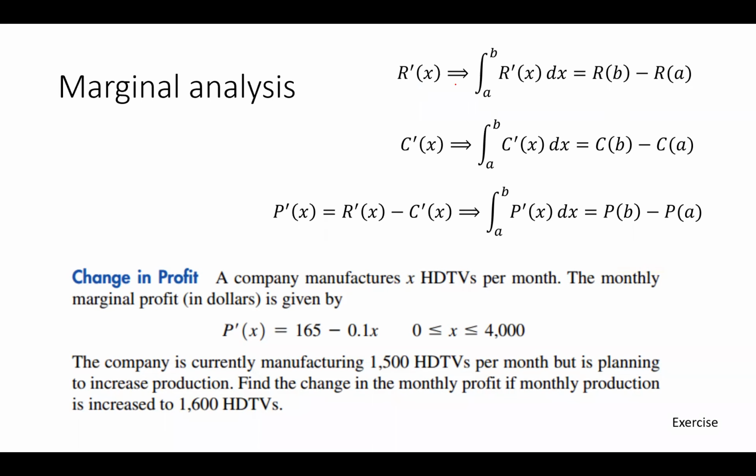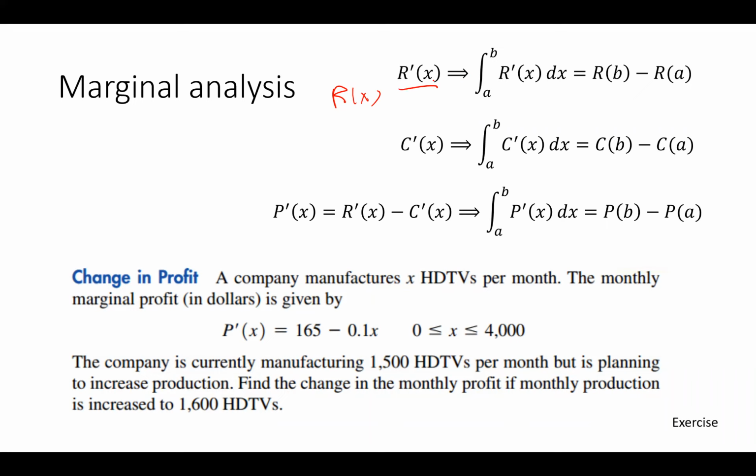We have, for example, R(x), which indicates the revenue for a certain quantity. If we produce x quantity, we have this revenue, and the first derivative represents the marginal revenue. That means if we increase production, how much additional revenue are we going to get?